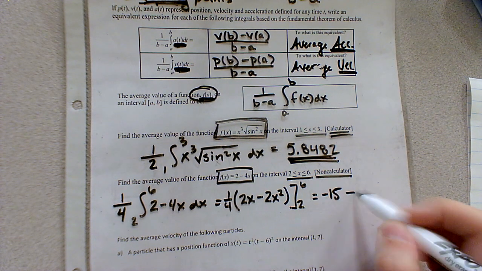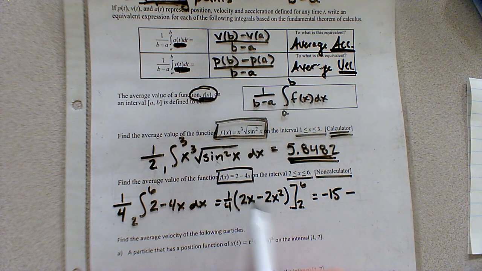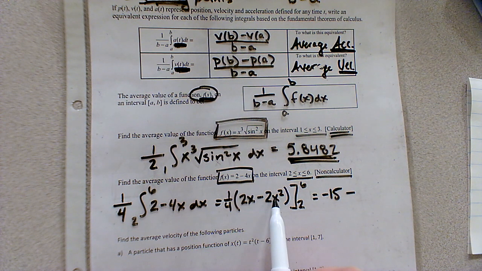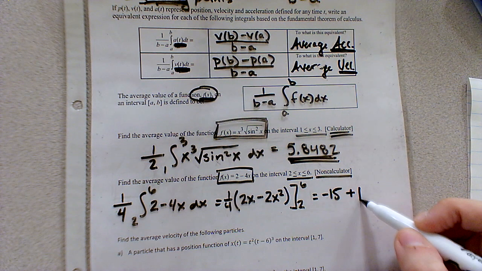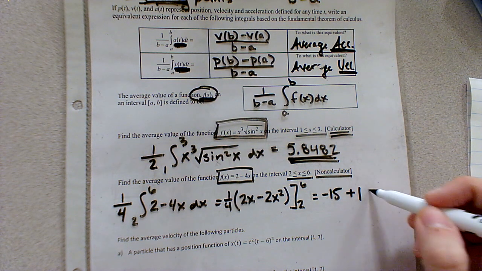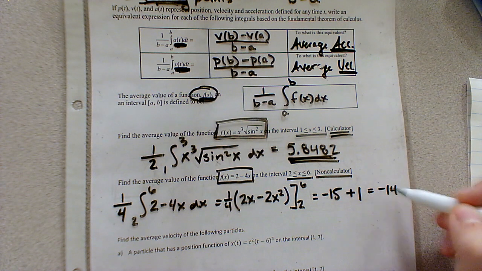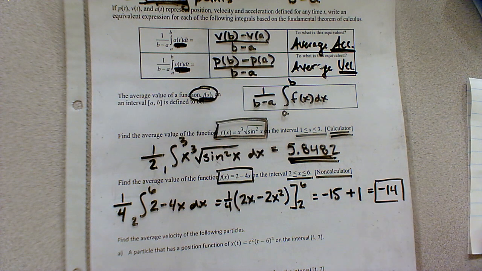I then have to subtract what I get when I plug in 2. So I'll have 4 here, and then 2 squared is 4, times 2 is 8, so 4 minus 8 is negative 4. Divided by 4 would be negative 1, and if I'm subtracting that, it's going to change to a plus 1. So it looks like my average value is negative 14.